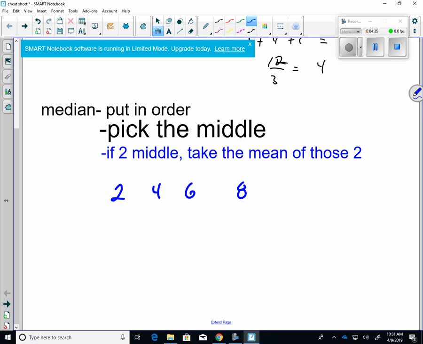Who do we appreciate? 4, 6. Little joke. Say the numbers are 2, 4, 6, 8. They're in order, so the middle 2 are 4 and 6. So 4 plus 6 divided by 2. Why divide by 2? Because there's 2 of them. 10 over 2. The answer is 5.